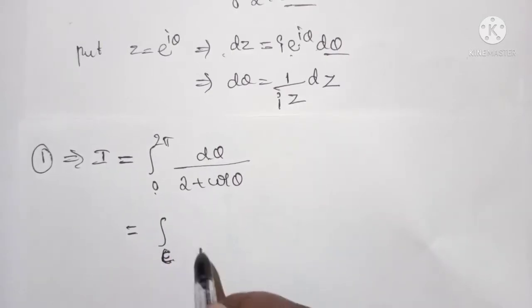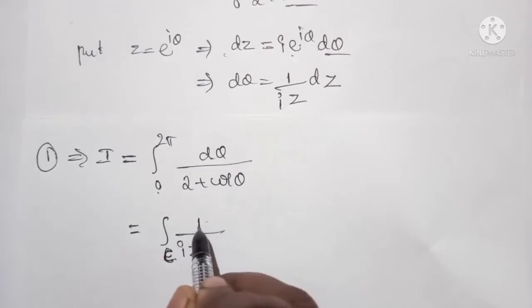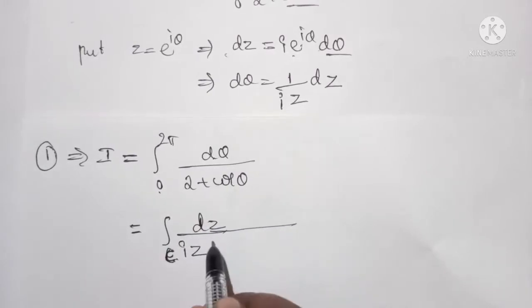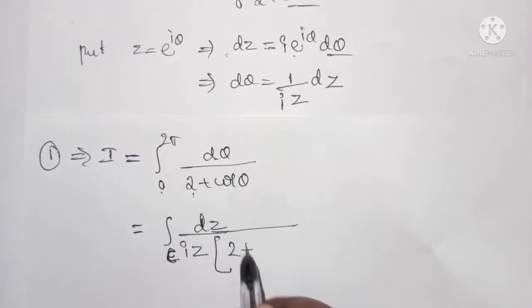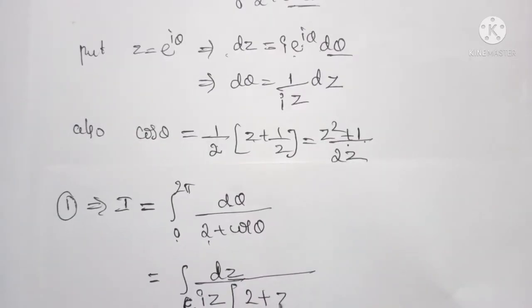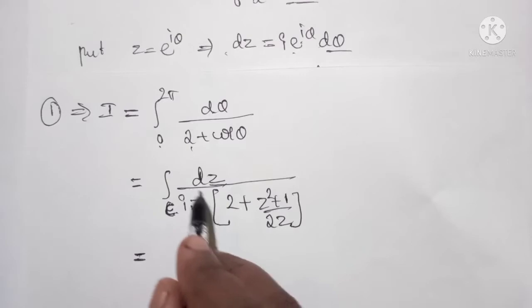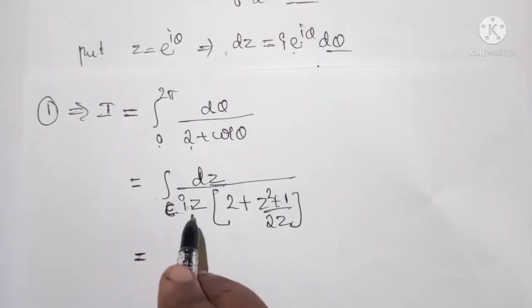The d theta value is 1 by iz dz, and 2 plus cos theta value is z square plus 1 divided by 2z. Now further simplifying, this i can be taken outside.